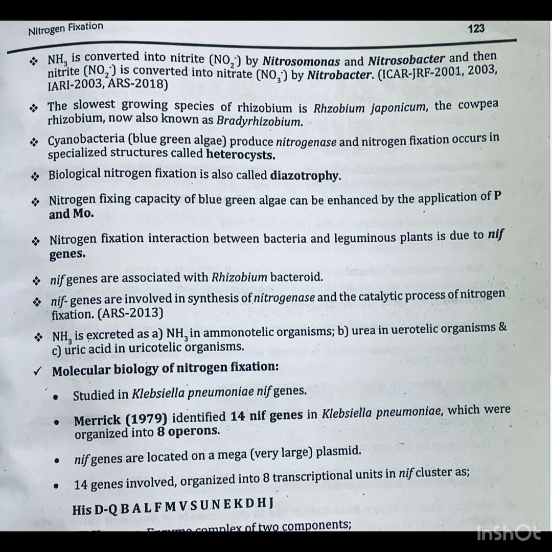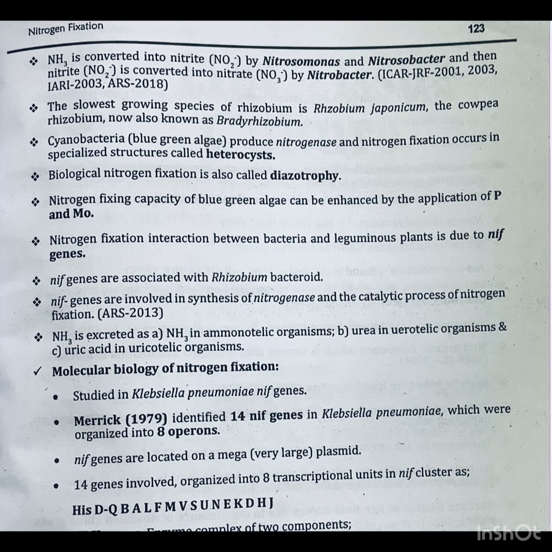Cyanobacteria produce nitrogenase and nitrogen fixation occurs in specialized structures called heterocysts. Biological nitrogen fixation is also called diazotrophy. The nitrogen fixing capacity of blue-green algae can be enhanced by the application of phosphorus and molybdenum.